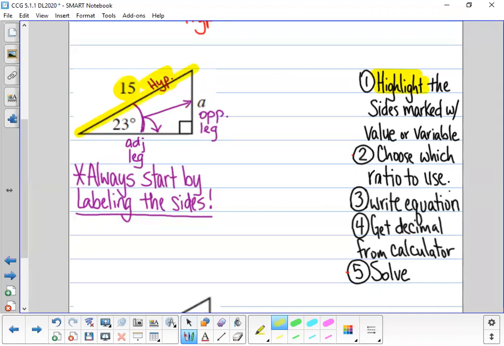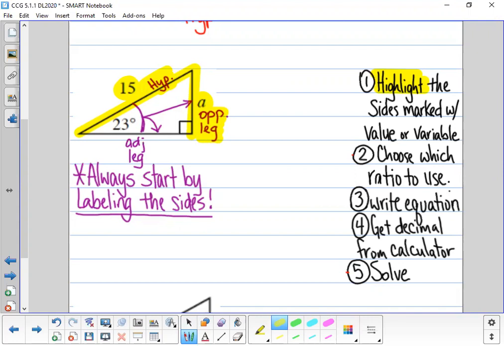It's already labeled as my hypotenuse, so I know that I have the hypotenuse as a value. The other side length that is labeled is this side, which has a variable A. So I'm going to highlight that side. That is my opposite leg. Notice there is nothing labeled on my adjacent side. So step number one is to highlight the sides that are marked with a value or a variable.